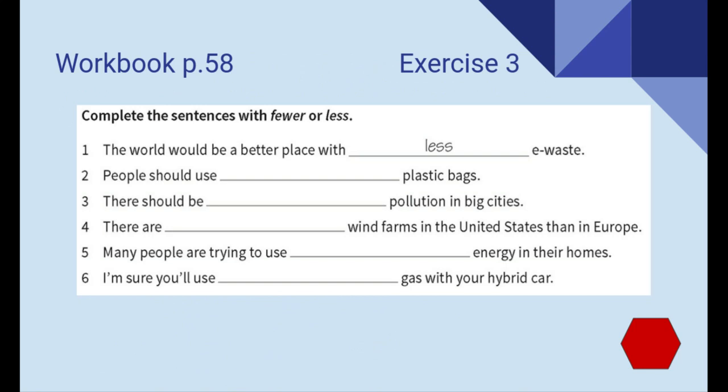So for example, we have the world should be a better place with less e-waste. Since I cannot count e-waste, I use less. Let's do number 2 together. People should use plastic bags. Can you count them? Yes, right. So we're going to use fewer. Pause the video while you work on this, please.